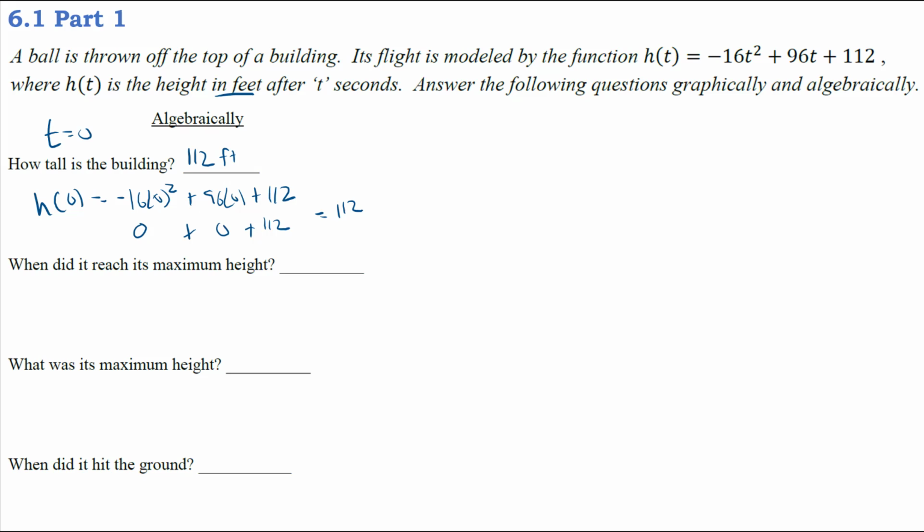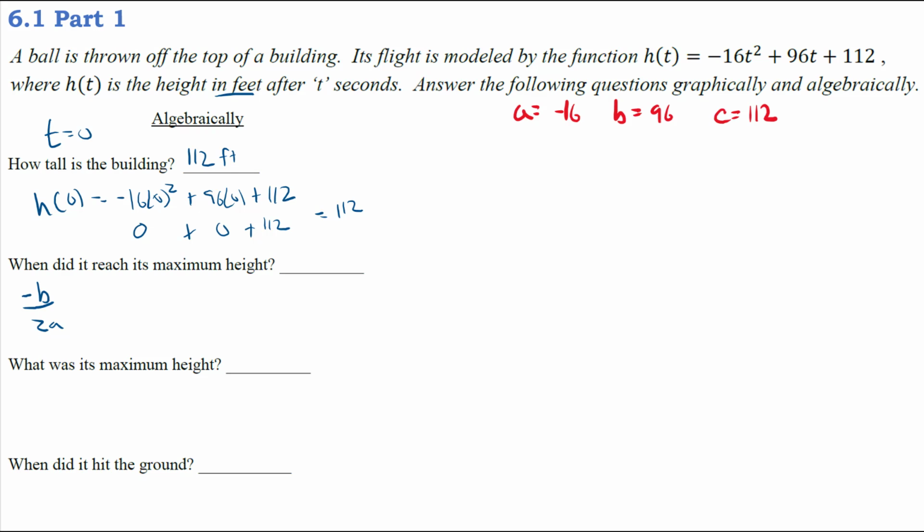Alright, so now we're saying when did it reach its maximum height? So we're going to use that line of symmetry equation. That vertex is negative b over 2a. And again, our a value is going to be negative 16. Let's go ahead and write this in a different color so we can keep an eye on it. So a equals negative 16, b equals 96, and c equals 112.